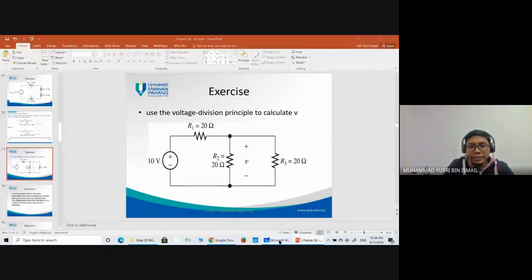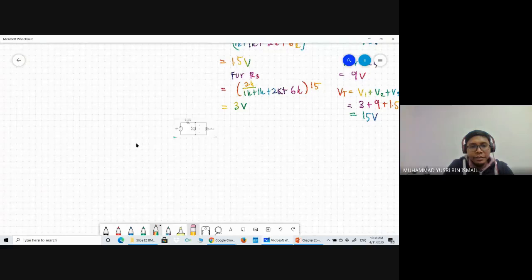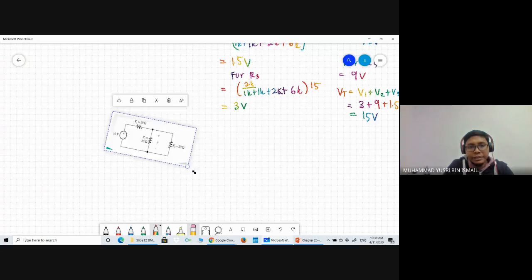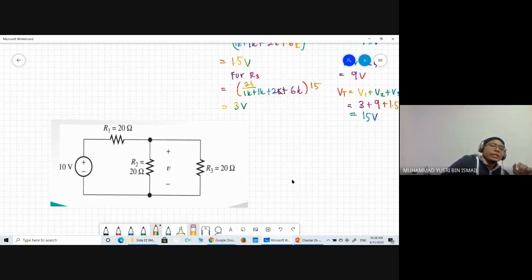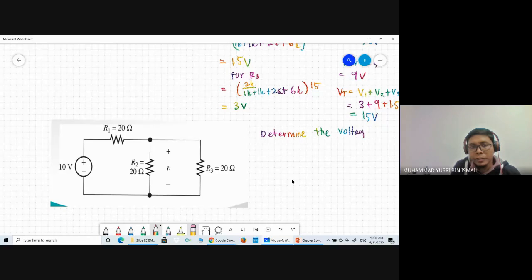I will ask anyone of you. Determine the voltage across R1 and R2.